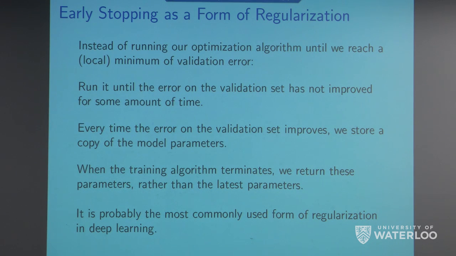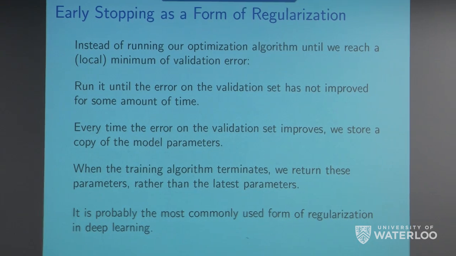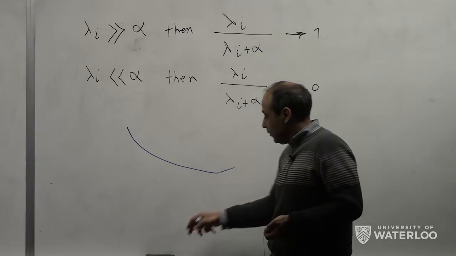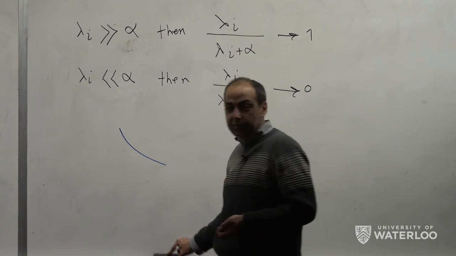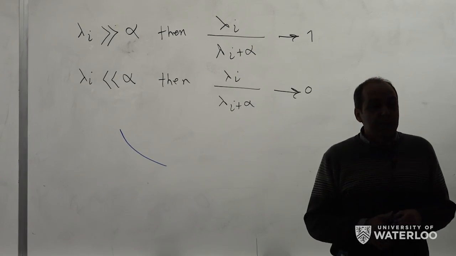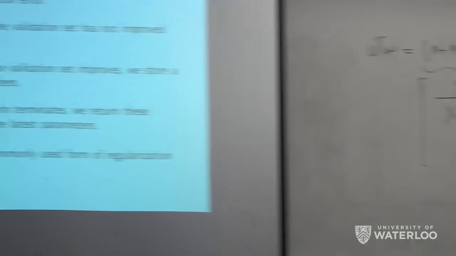Another popular way of controlling the complexity of a neural network is early stopping. Early stopping is quite simple. You're minimizing your cost function. It goes down, down, down. Don't go too far. Stop learning the function at some point. Don't go for 1,000 epochs.